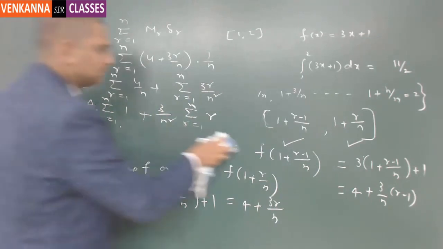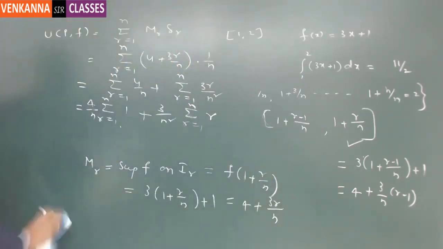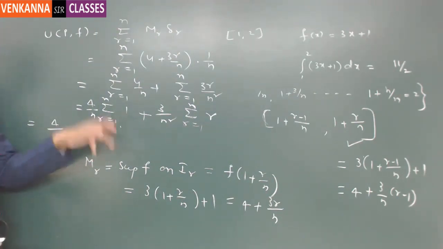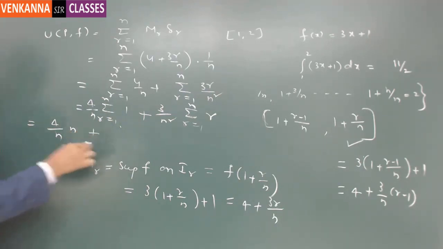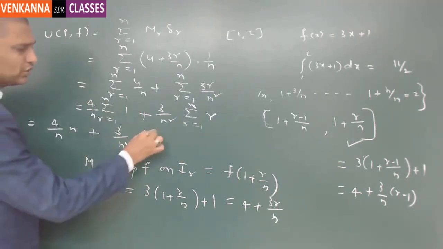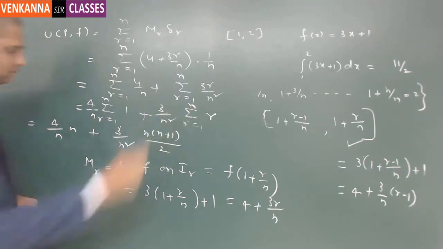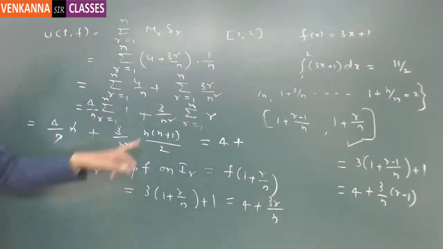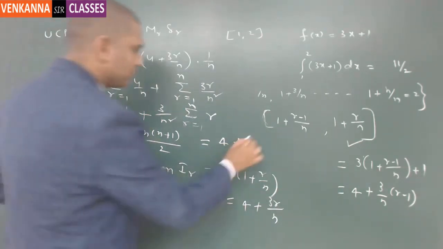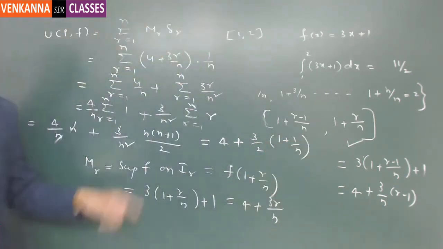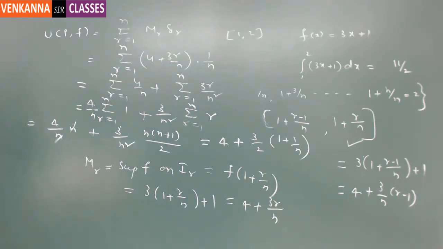If you expand it, it equals 4 by n into n, since you are adding 1 n times, plus 3 by n squared into the sum of the first n natural numbers, n into (n plus 1) by 2. So n gets cancelled, and it equals 4 plus, taking n as common, n squared gets cancelled, 3 by 2 into (1 plus 1 by n). So please check on this value. Any questions on this?